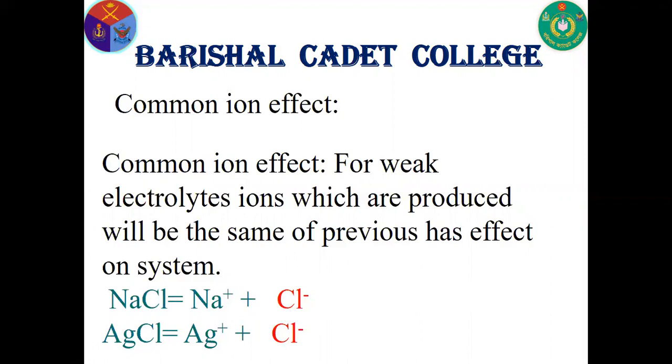But this chloride ion, produced after adding silver chloride, is the same as the previous ions present in the sample, which were formed by the dissociation of sodium chloride. So this is a common ion. It has an effect on the system, so it is called the common ion effect.